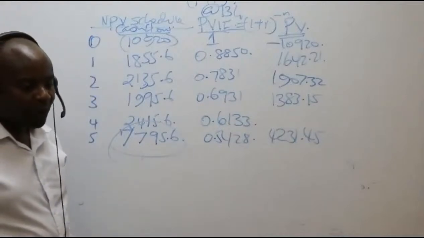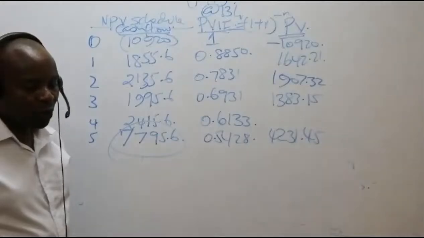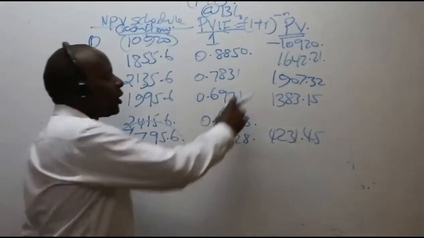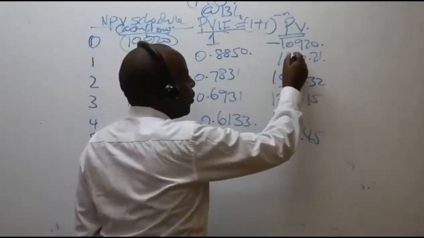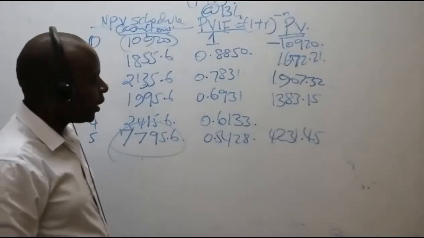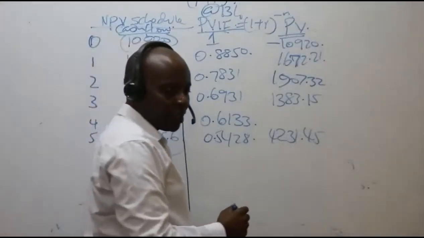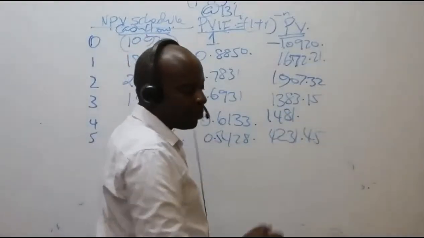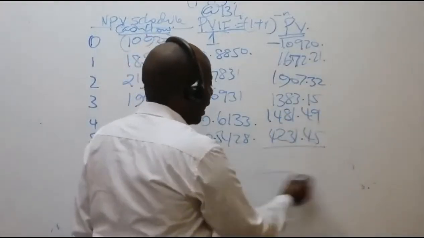The second I'm told is supposed to be 1672, not 42. This one I'm being told is supposed to be 1672. So this one, the last one here is 1481.49.